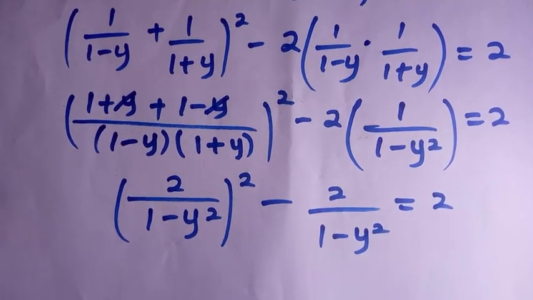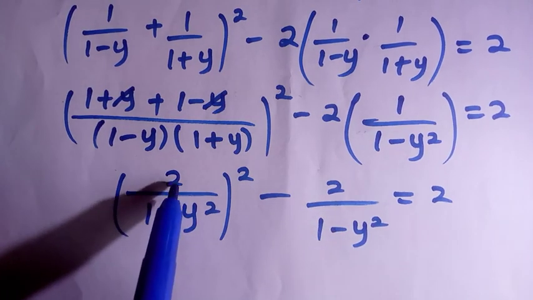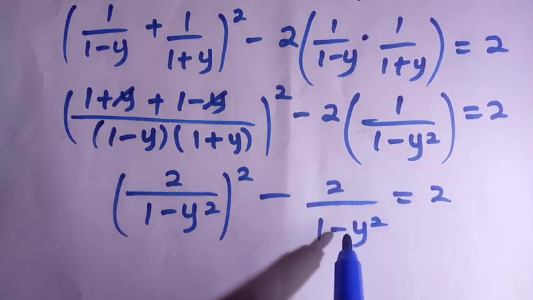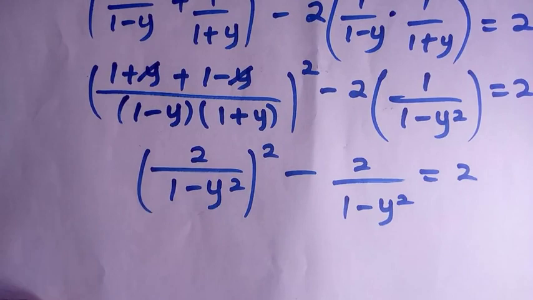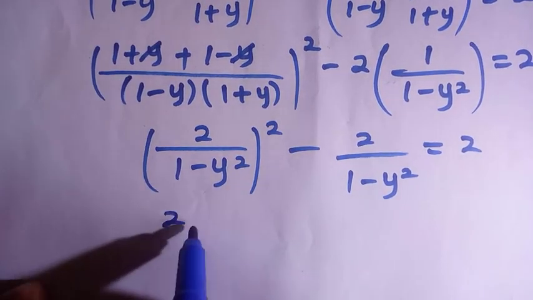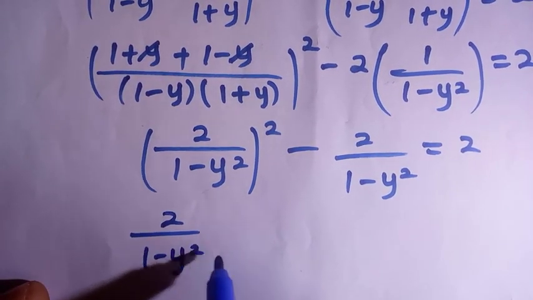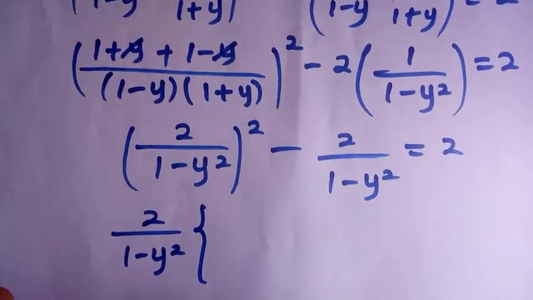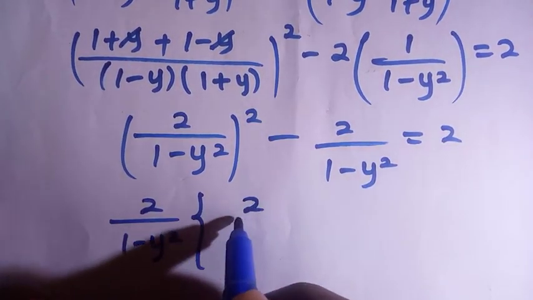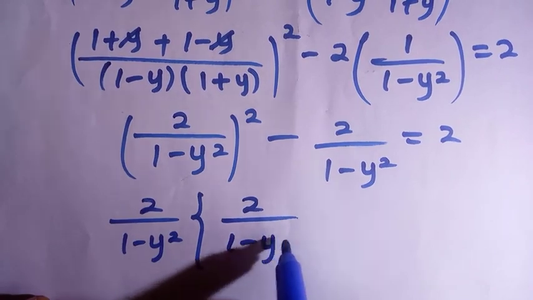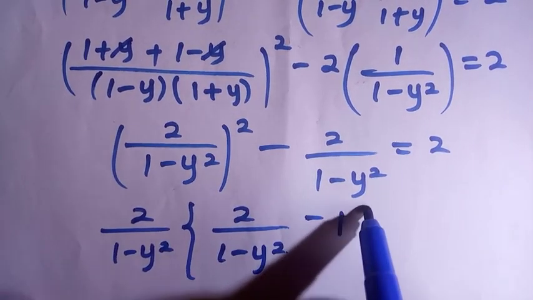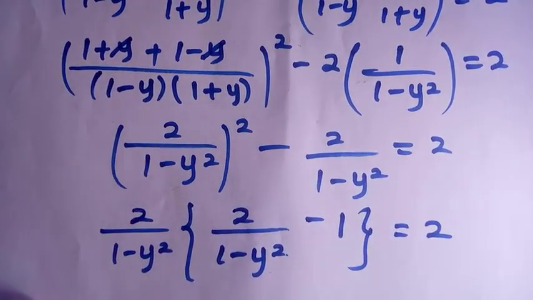The one having a square and the one without a square both have 2 divided by 1 minus y squared. So we can do it in two different ways. Either we apply the quadratic method here, or we factorize out 2 divided by 1 minus y squared. So I'm going to factorize out 2. Then we have 1 divided by 1 minus y squared, minus 1, everything equal to 0.